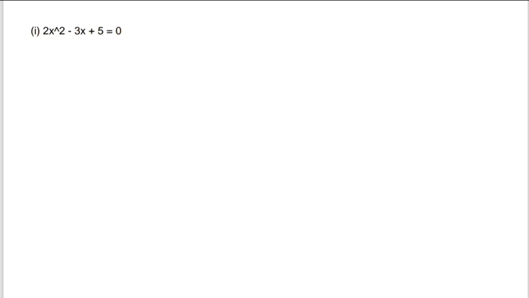In the previous exercise, we first found the zeros by taking the product and then the sum, and then using the formula. But here we should first find the discriminant, and then we can proceed with the next step for finding the zeros. So the discriminant is equal to b square minus 4ac. Here a is 2, b is minus 3 and c is 5.